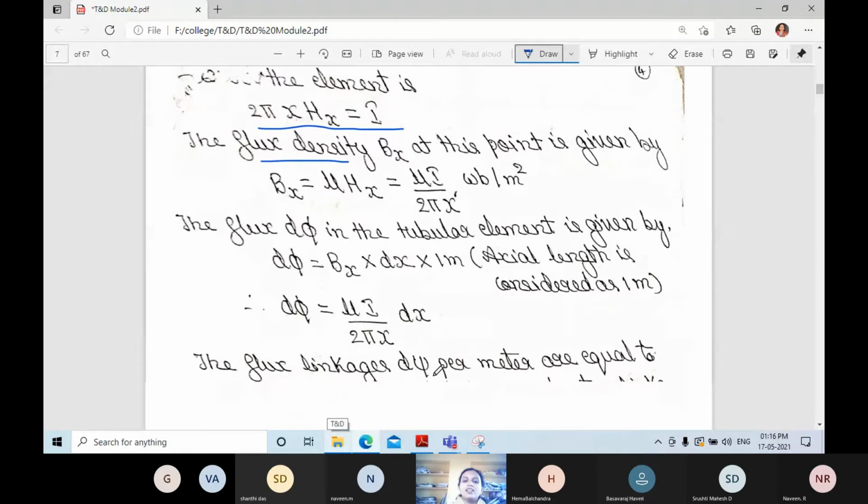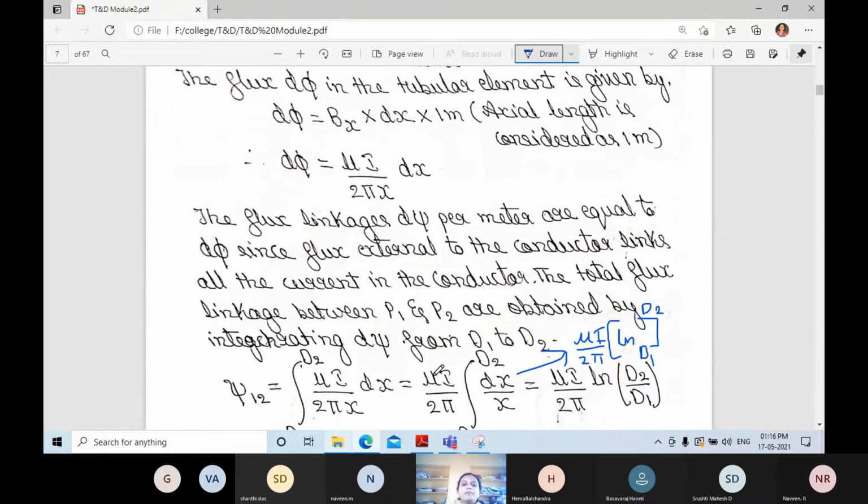The flux linkage d psi per meter is equal to d phi, since the flux external to the conductor links all the current in the conductor. The total flux linkage is between P1 and P2, the two external points, at distances D1 and D2.